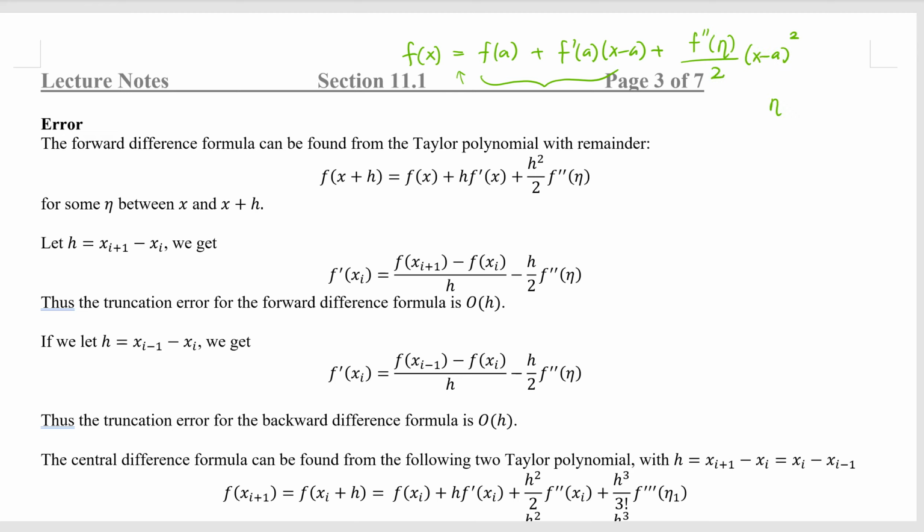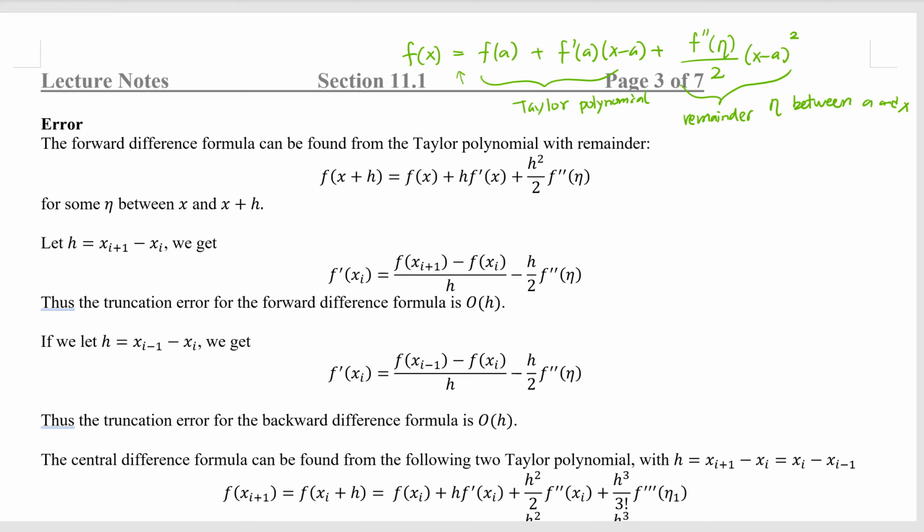Okay, so eta is between a and x. Okay, so this is the Taylor polynomial. And this guy is the remainder.